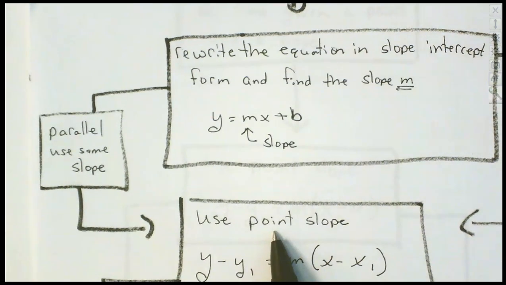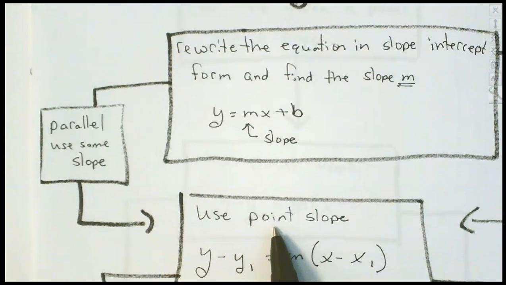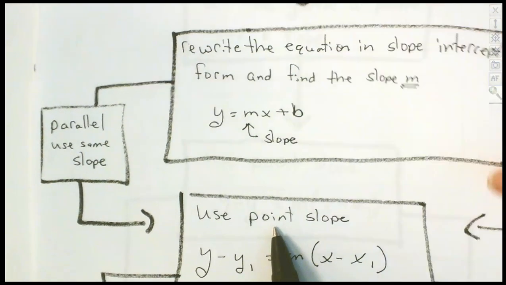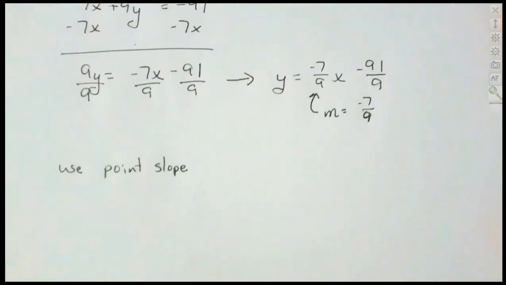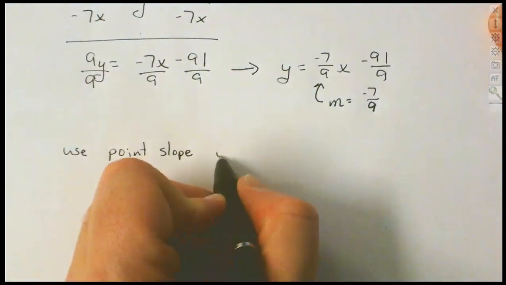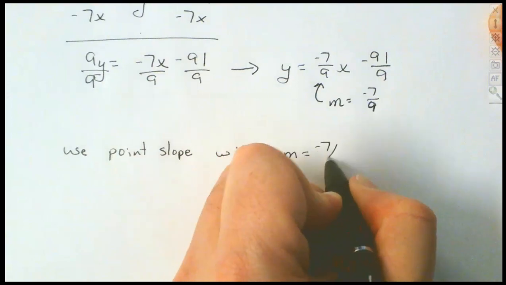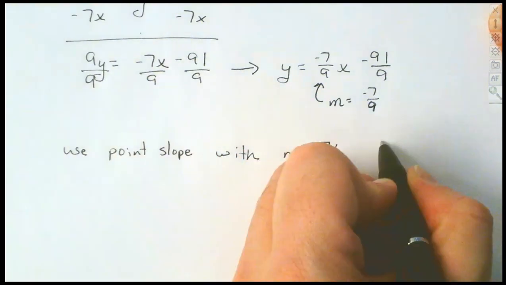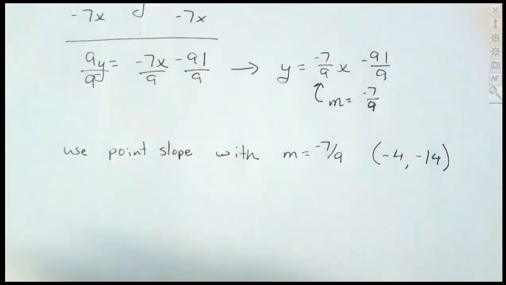And I always remember when I want to use point slope, which is our end result, we have to have a point and we have to have a slope, and we have those. So now we move on to point slope. So now we're going to use our point slope formula with m equals -7/9 and also the point -4, -14.